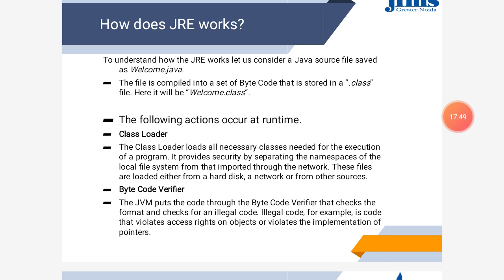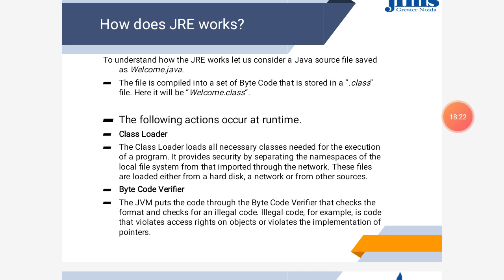How does JRE work? To understand how the JRE works, let us consider a Java source file saved as welcome.java. Once we compile it, it becomes a welcome.class file. Then the following actions occur at runtime. The class loader loads the class, and the bytecode verifier verifies the bytecode, checks the format, and checks for illegal code.